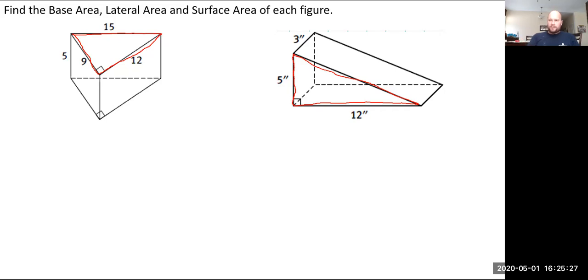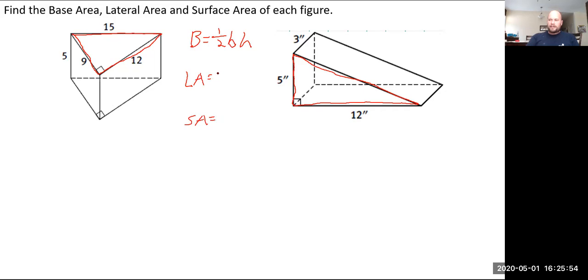All right, so in order to do either one of these shapes, no matter which one we choose, base area is something that we're going to have to find. We're going to have to find lateral area, and we're going to have to do surface area. Now, you can tackle these a couple different ways. Base area is going to be the same no matter what. We're going to use the formula for area of a triangle on this one, so 1/2 base times height.